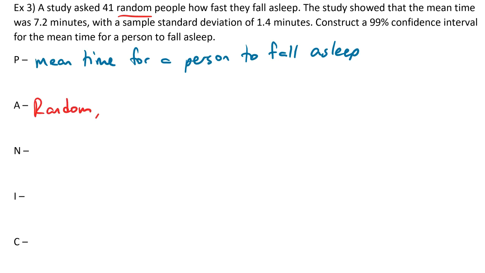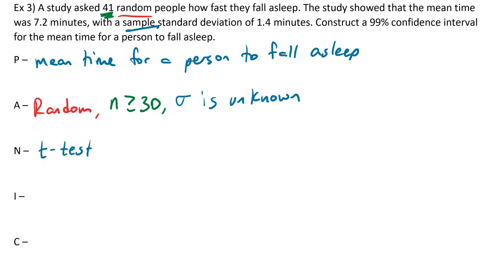It is not normally distributed, but we do have 41 people, so our N is greater than or equal to 30. And lastly, we have a sample standard deviation, so our population standard deviation, sigma, is unknown. So name our test. If sigma is unknown, we're doing the t-test.